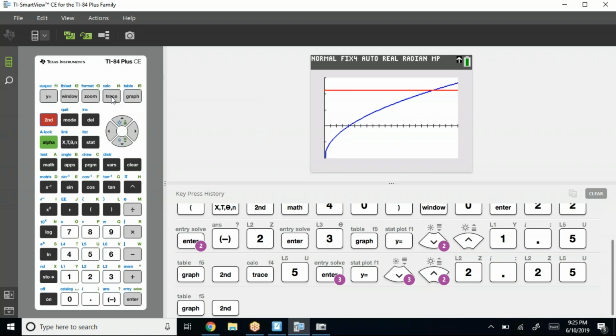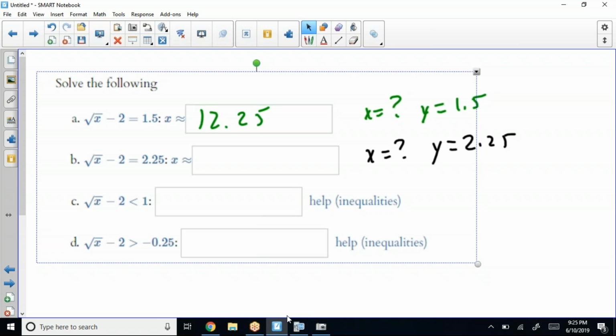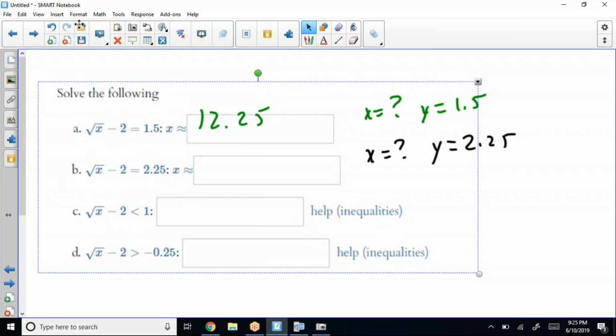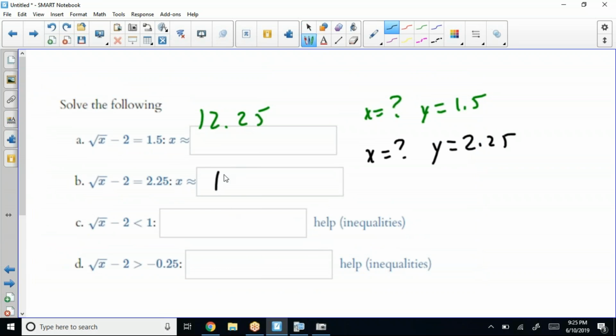And we'll just do second trace, number 5, hit the intersect for that, right? Enter. And they tell us 18.06, right? 18.06.